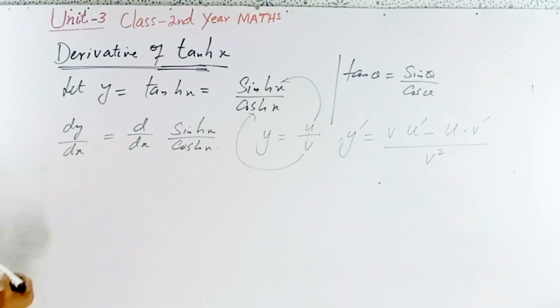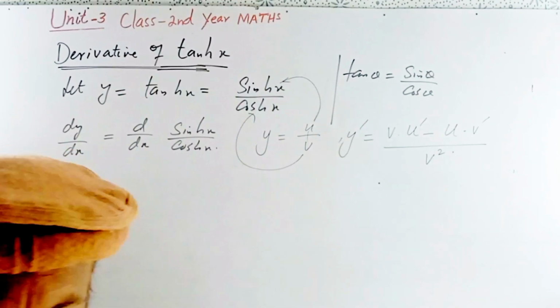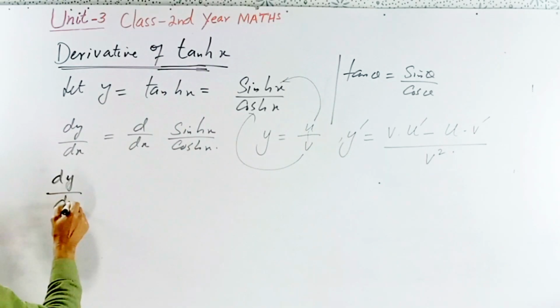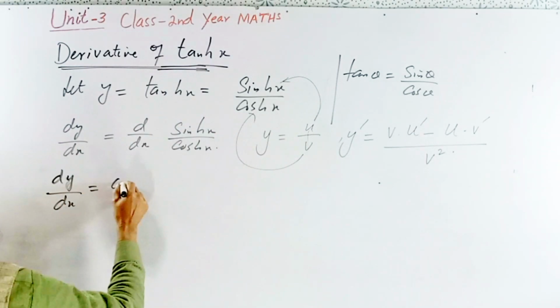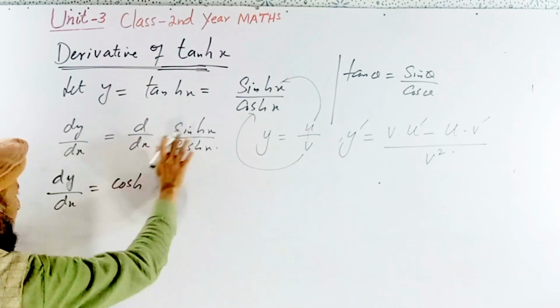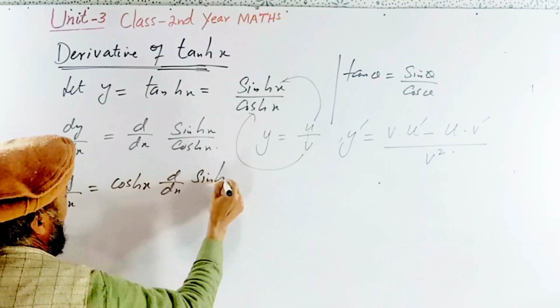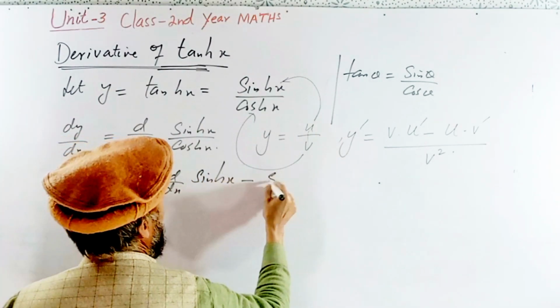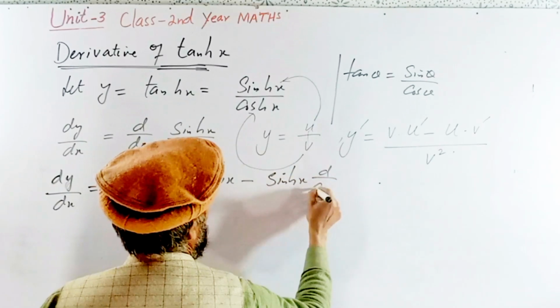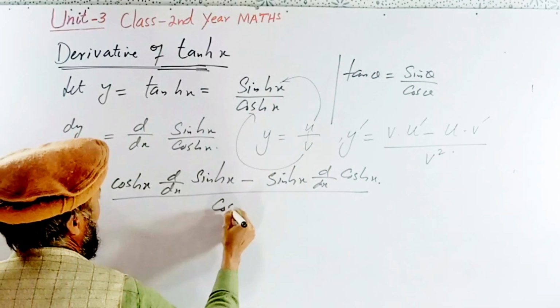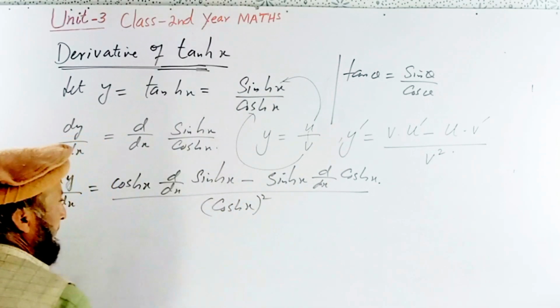So dy by dx is equal to cos hyperbolic x times the derivative of sine hyperbolic x, minus sine hyperbolic x times the derivative of cos hyperbolic x, divided by cos hyperbolic x whole square.